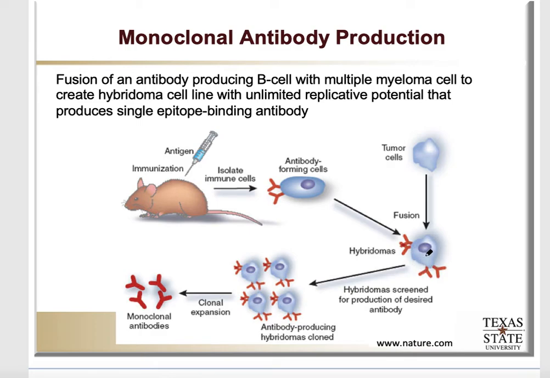And of course, being kind of like a cancerous cell, you can grow it, you can allow it to replicate, and you're going to have an unlimited supply of those antibodies. Of course, from here, we then have to collect the antibodies, but that is completely possible. So this is how you collect a particular monoclonal antibody, and that hybridoma cell line, again, can produce that same antibody over and over again.